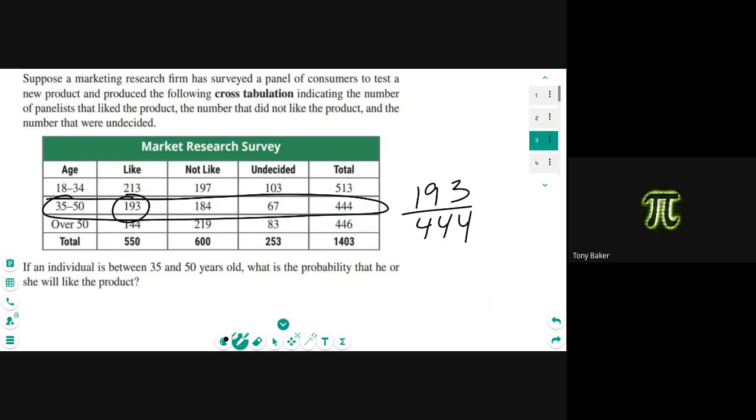So the given tells you which information you're looking at, and then you look at the piece inside of that for the top number, because that top number is the intersection of both the liked and the 35 to 50. That makes sense?